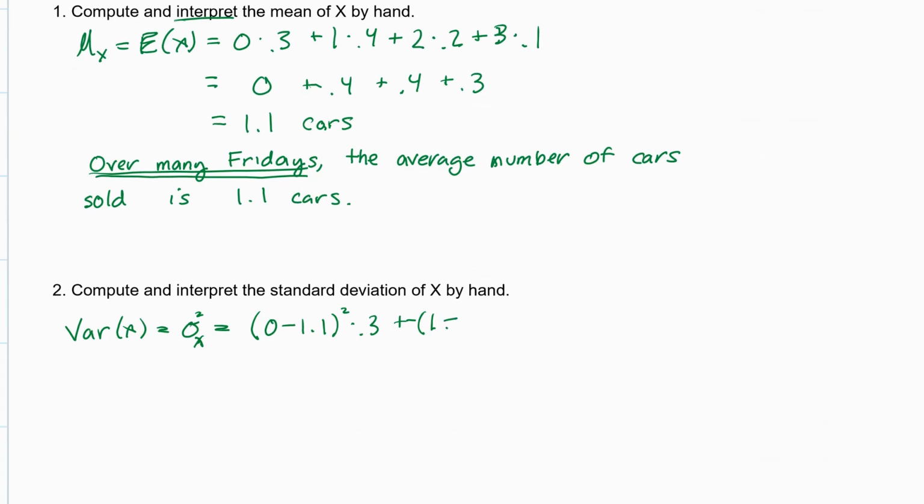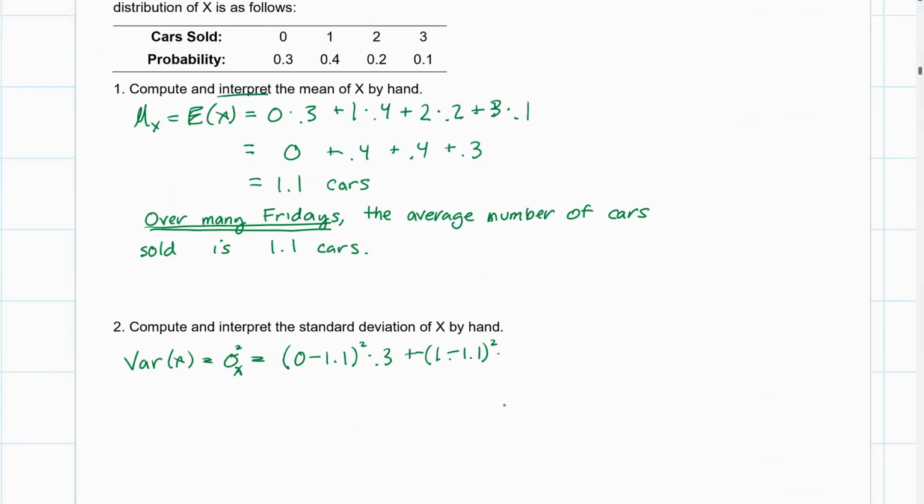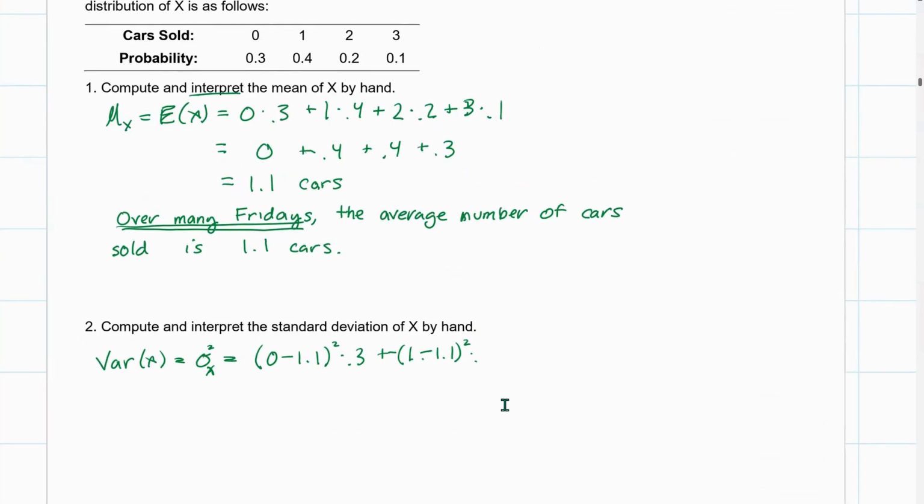Data value minus a mean squared multiplied by or weighted by a probability plus data value minus mean squared multiplied by probability. And lastly, data value minus mean squared times probability.